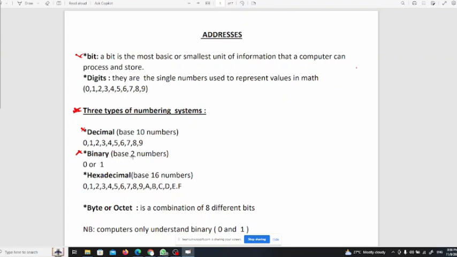We also call it the base 2 numbering system, which is only made of 2 values, 0 and 1. The binary numbering system is the one which is used by computer systems. Computers make use of the binary numbering system.